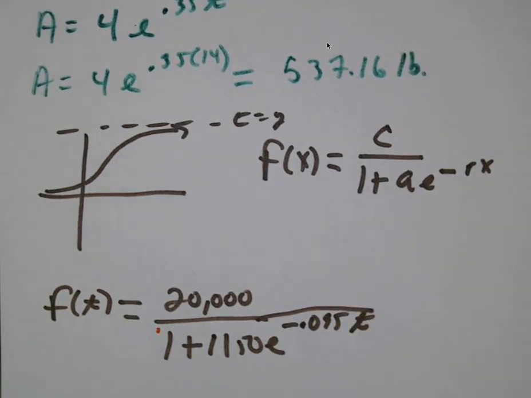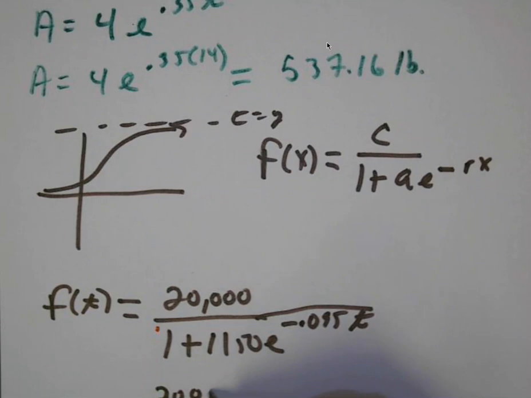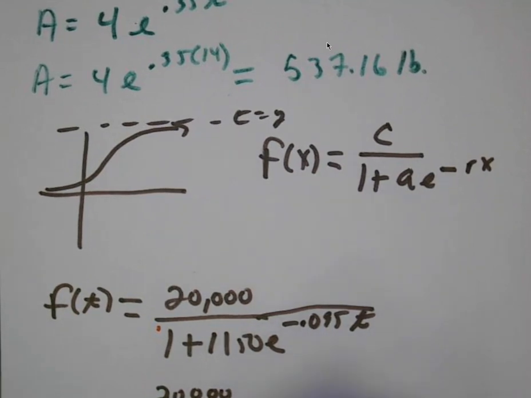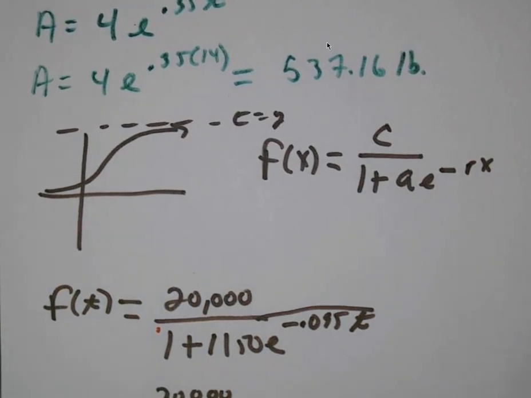The 20,000 is the limiting factor, the most people that you can have. When they say 10 days, all you're going to do is put 10 in for t. The hardest part about this is to punch it in the calculator, and when you do that, this comes out to be about 18,415 people.